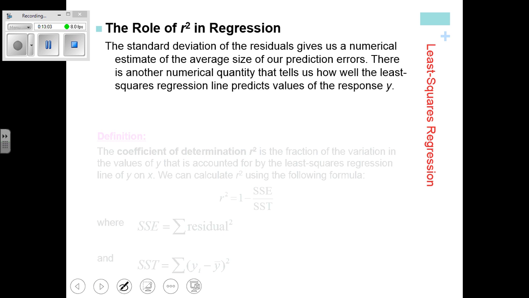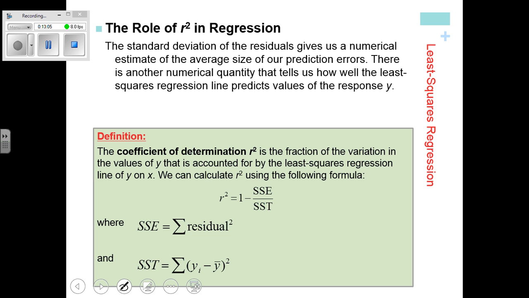Okay, so here's a good example of where r squared comes from exactly. The coefficient of determination, remember what that's called. R is the correlation coefficient. R squared is the coefficient of determination. It is the fraction of the variation in the values of y that is accounted for by the least squares regression of y on x. Now that sounds crazy.